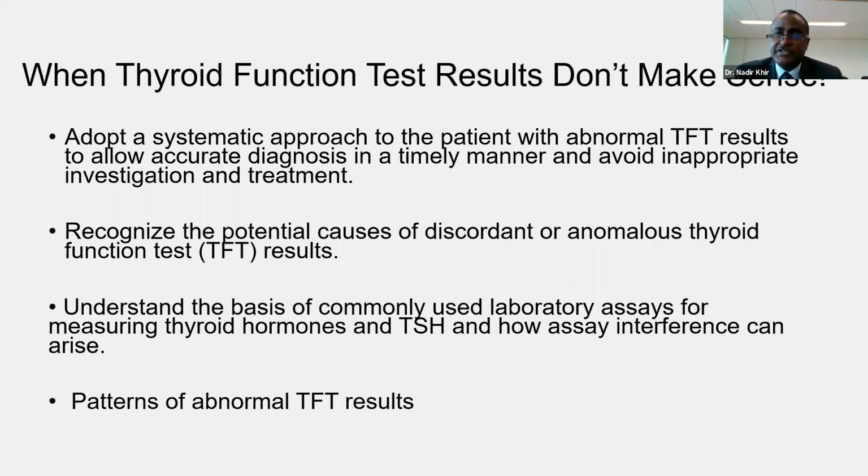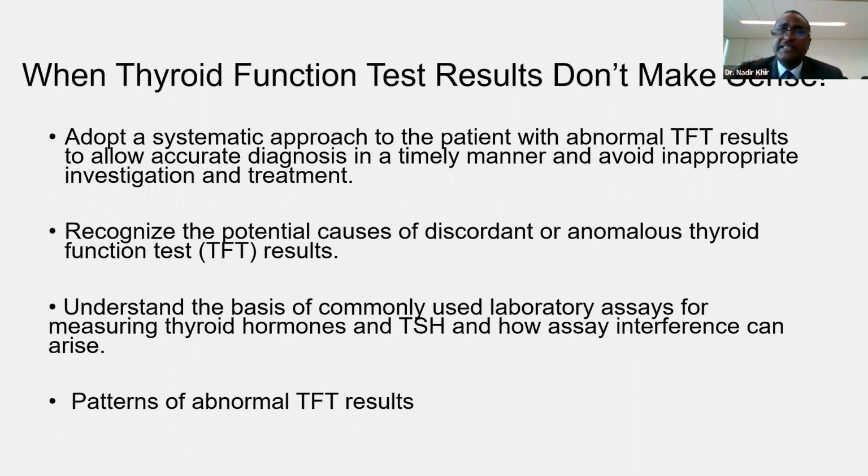If the TSH is normal, but the T4 and T3 are abnormal, usually that's when you need to think, scratch your head, could be a lab interference. There is something wrong here. Because I'm sure you heard about the term subclinical hyperthyroidism or subclinical hypothyroidism.